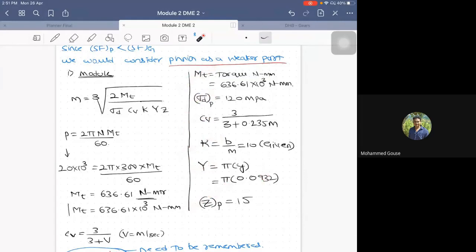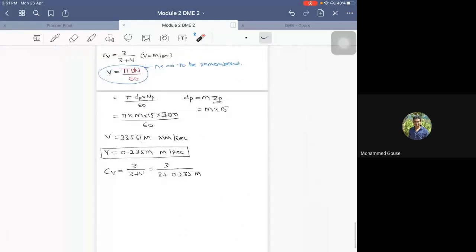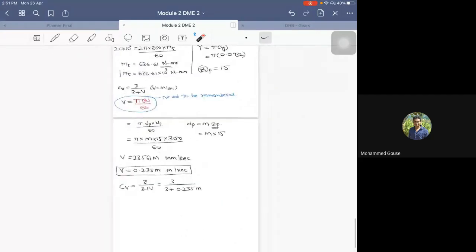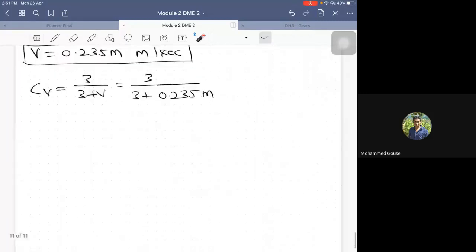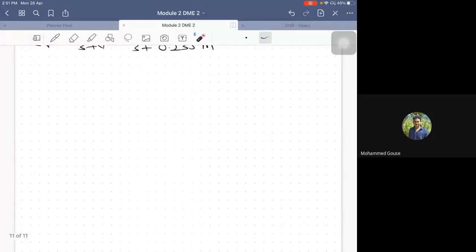Now substitute all these parameters in the main equation. It gives a big equation. I need your help in this. Mohammed sir, can you help me write that equation here?